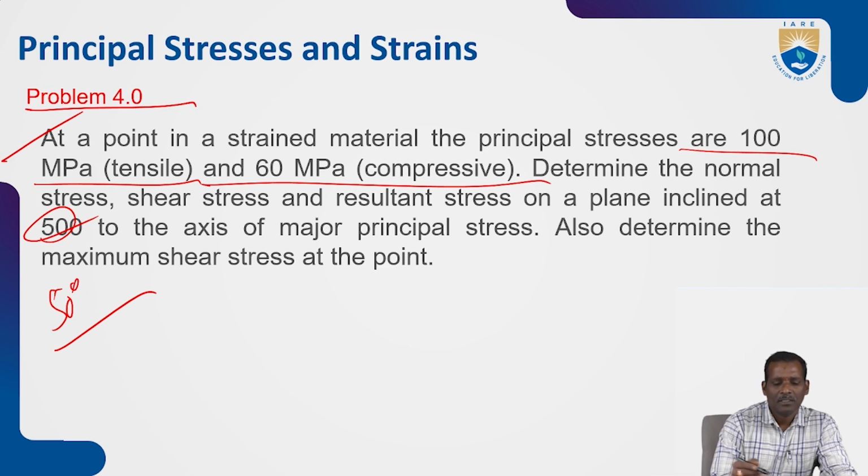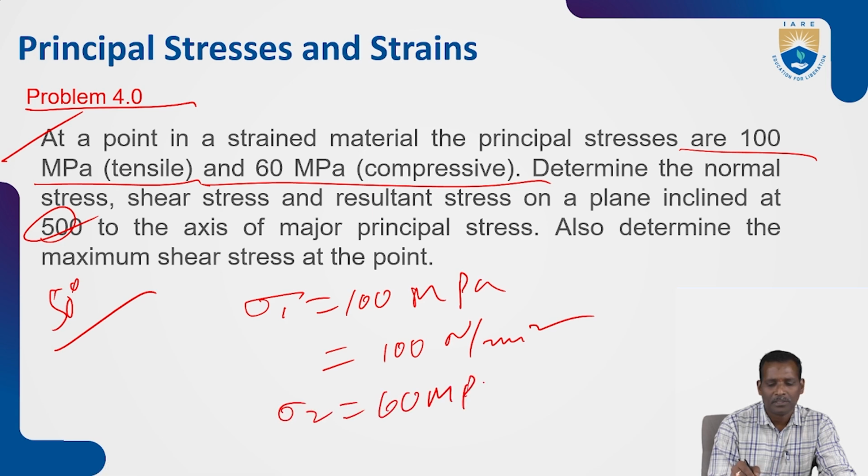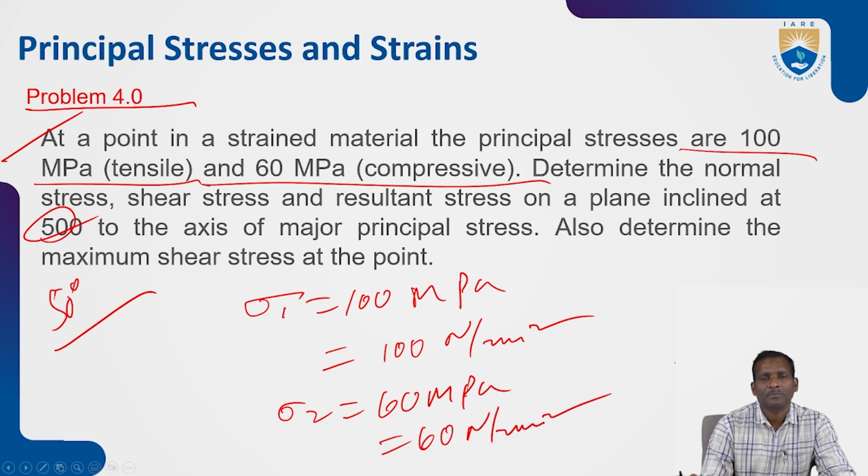So in this, the principal stresses are given. Sigma 1 is 100 MPa, so convert into Newton per mm square, and sigma 2 is 60 megapascal. This one also 60 Newton per mm square.